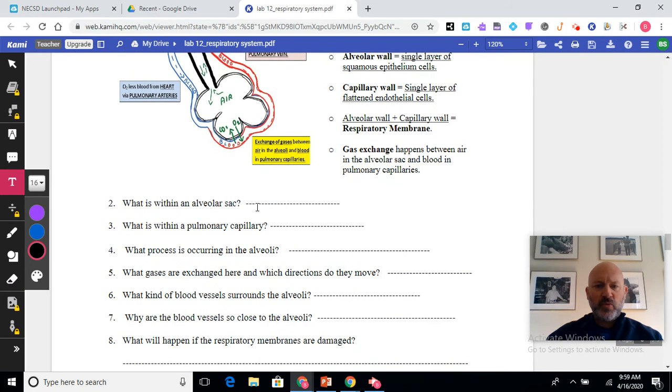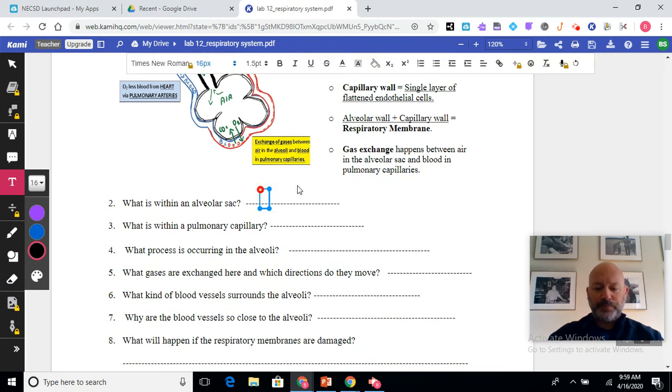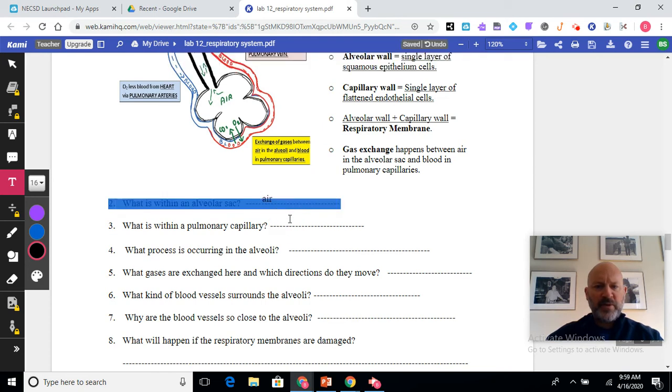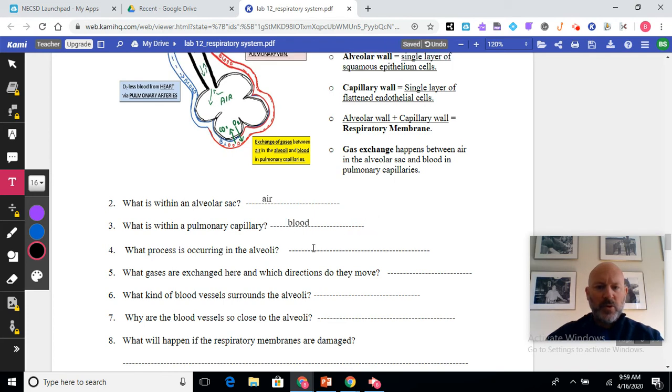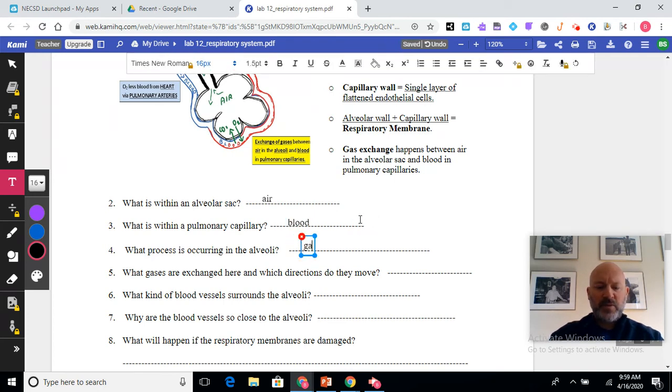All right. So what is within the alveolar sac? Well, there's air in there. What is within the pulmonary capillaries? Blood. There's blood inside there. What's the process that's happening? Well, this process is called gas exchange.